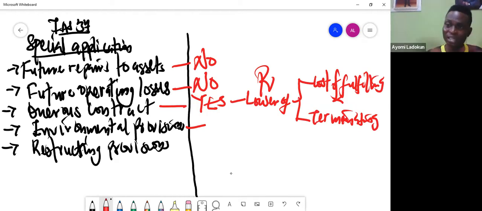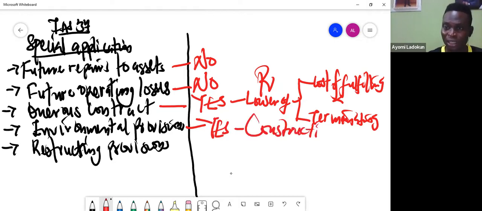So sometimes they create a lot of damage to the environment. So the question is, can they create a provision? The answer is yes, provided they have created a constructive obligation. That's one. That means anytime they create damage, they normally rectify it. So the society already knows them for that.